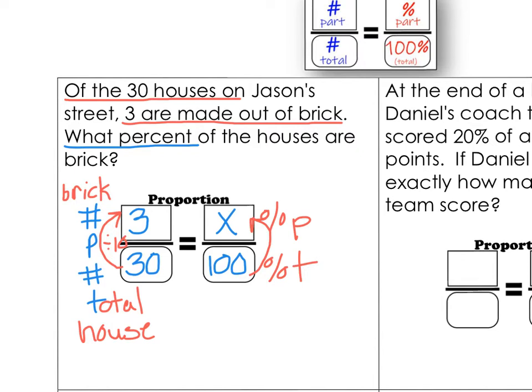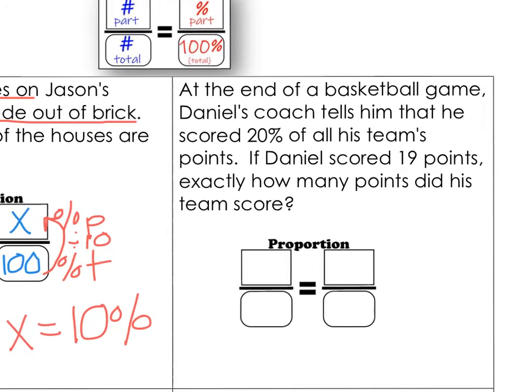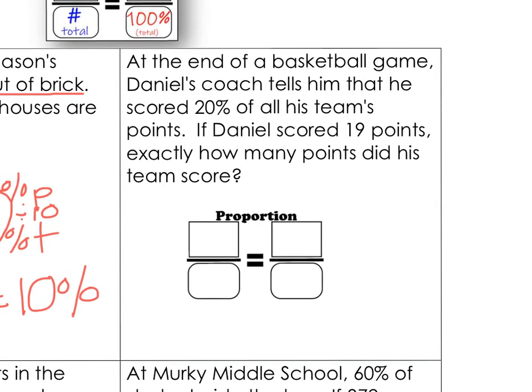We could do 100 then divided by 10 is 10. So here we know that X is 10, and since we're finding the percent, this should be 10% as our answer.